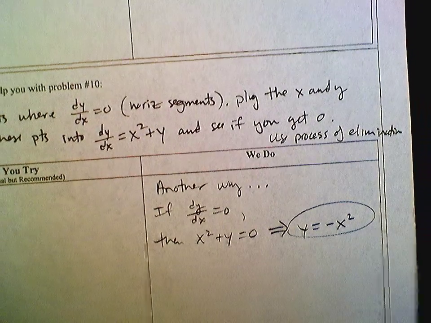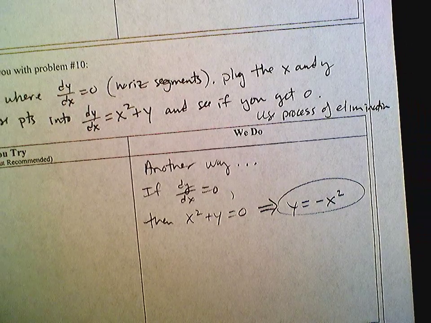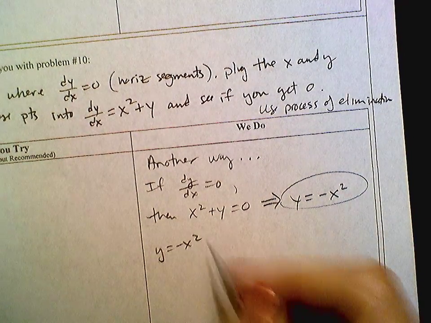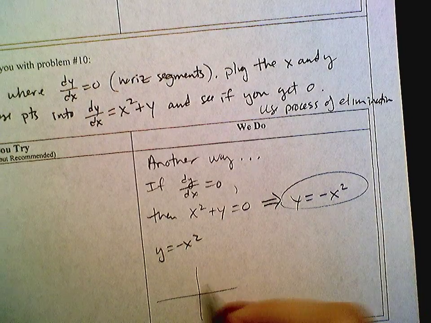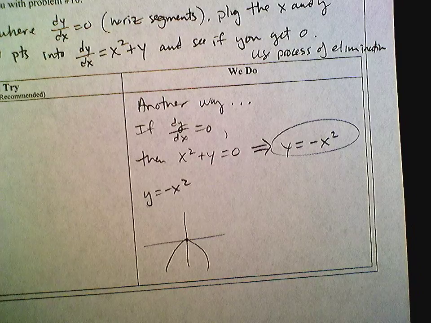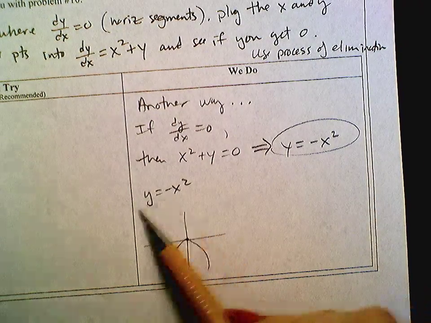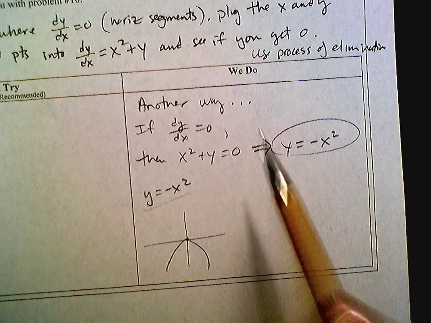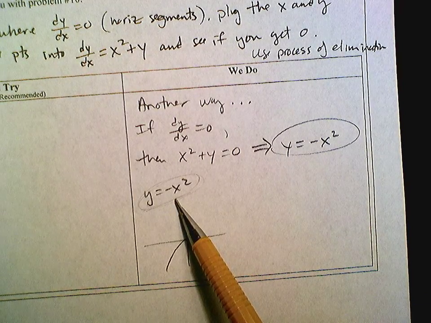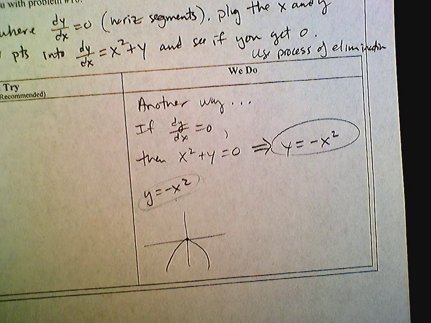All right, so what you would be looking for, y equals negative x squared looks like this. And what they're telling you is that for the points that satisfy this equation, you're going to have a 0 slope at those points.